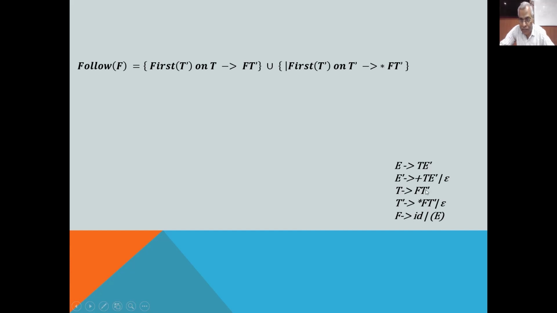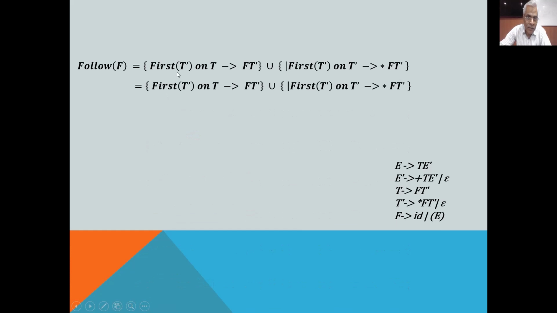Since F is present on the right hand side in two different productions, T to FT dash and T dash to star FT dash, I have written here from this production T to FT dash, follow of F equal to the first of T dash, union follow of this F equal to first of T dash from the other production.